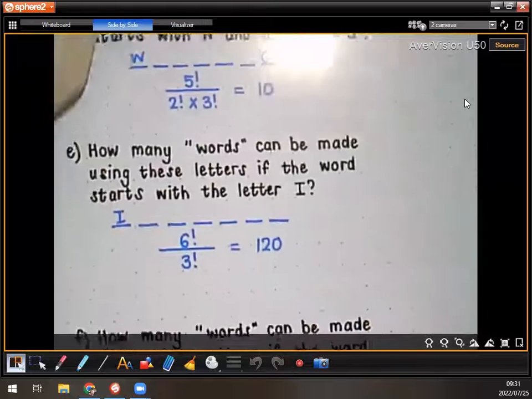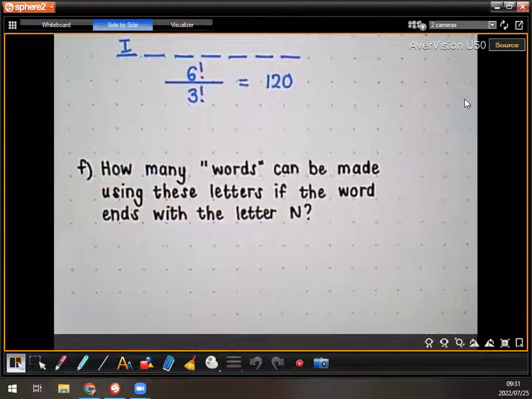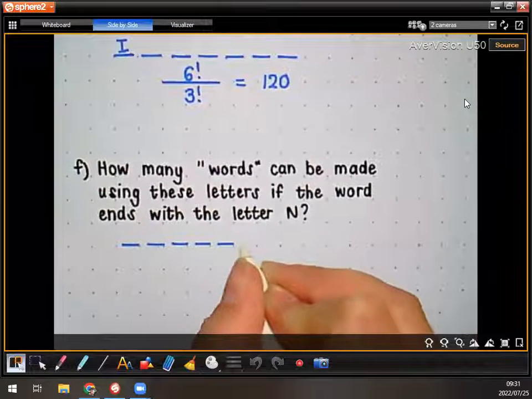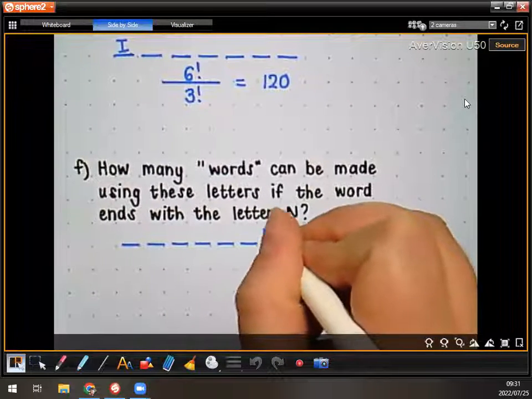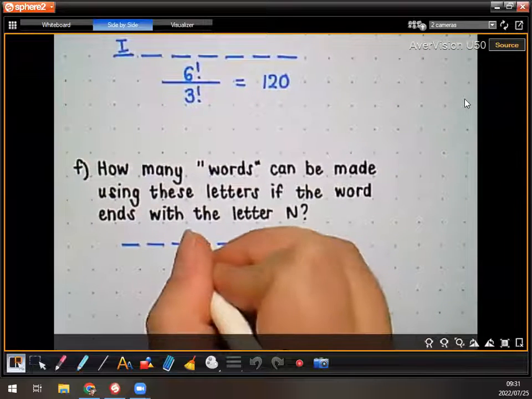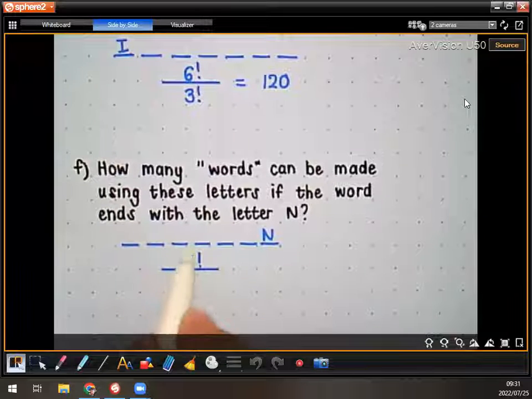Okay, last one, F. How many words can we make using these letters if the word ends with the letter N? So again, 1, 2, 3, 4, 5, 6, 7. Now it needs to end with N. I have 6 letters still. And now, guys, there are actually 2 repeats within those 6 letters, right?